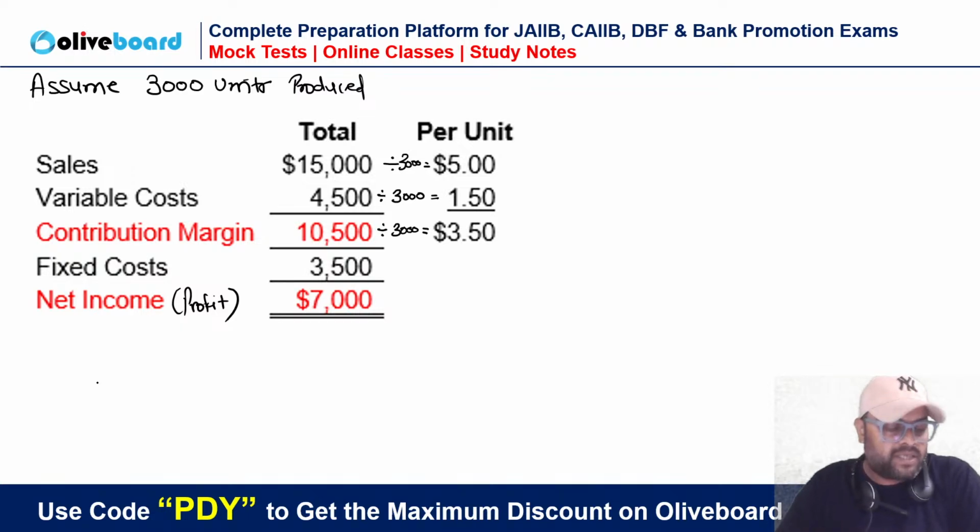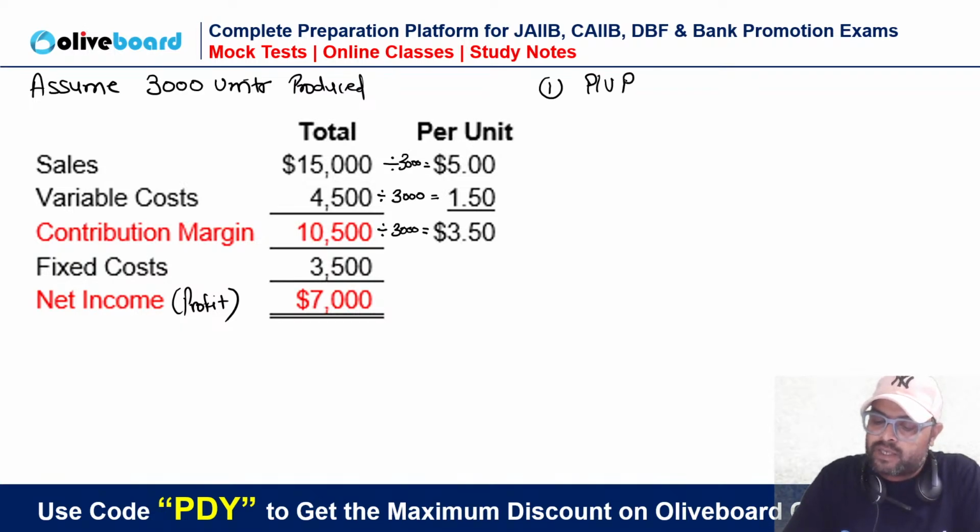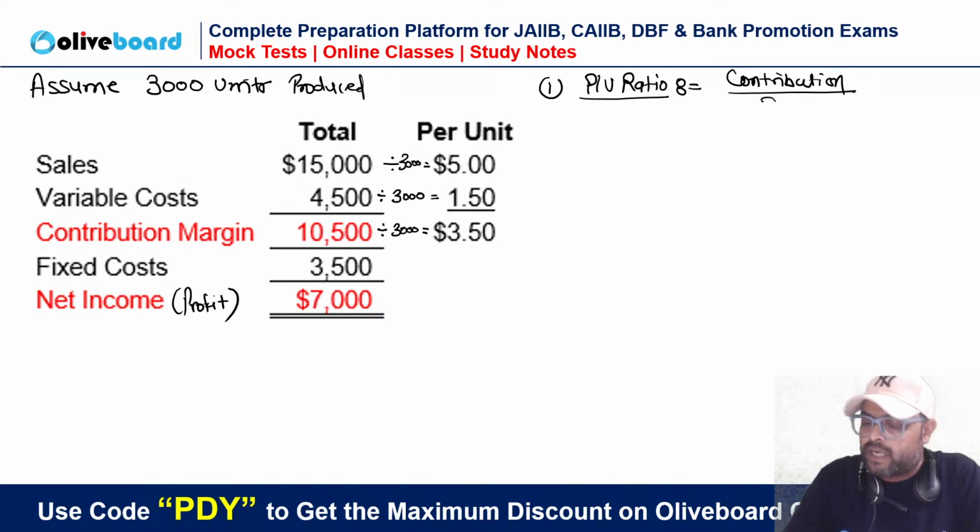The following calculations they could ask from you in the exam. First, they can ask from you the calculation of PV ratio, that is profit volume ratio. And the formula for the same is very simple, that is contribution divided by sales multiplied by 100.